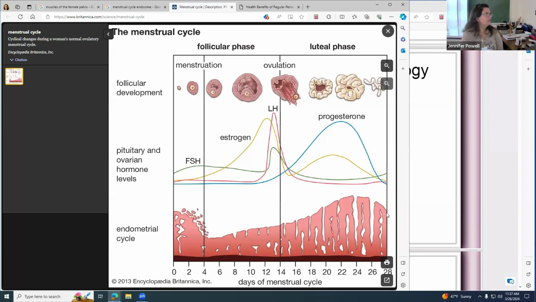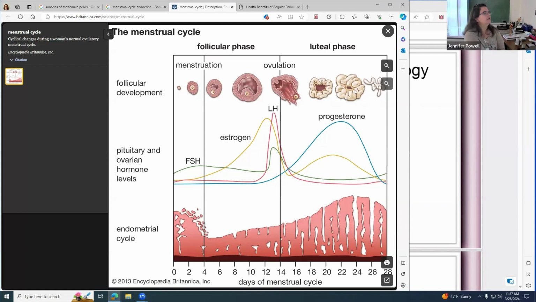So otherwise, if no conception happens, then the corpus luteum will start to involute and go away, and then you'll get your period. There's nothing telling your body to keep that blood.